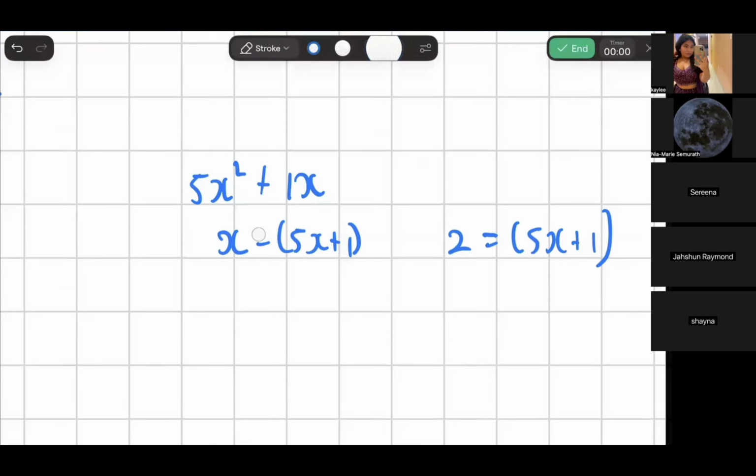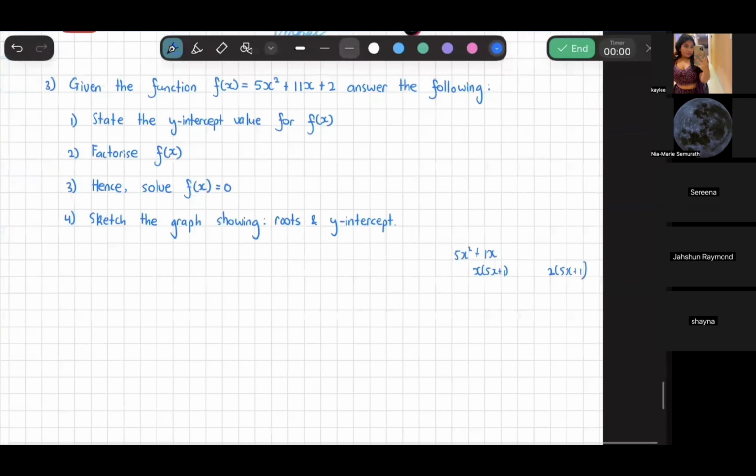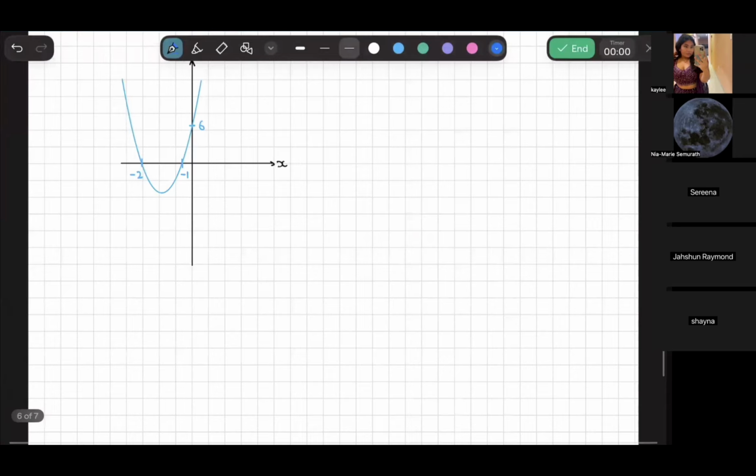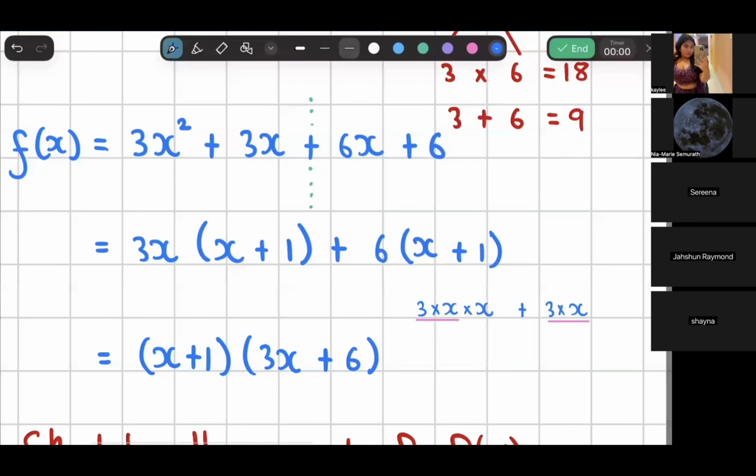What we're really doing is pulling out what they have in common. So you didn't have to put an equal sign, you just had to put x. You just had to put 2 there. That's the mistake you made, because look, in all my working before, I didn't put an equal sign there.